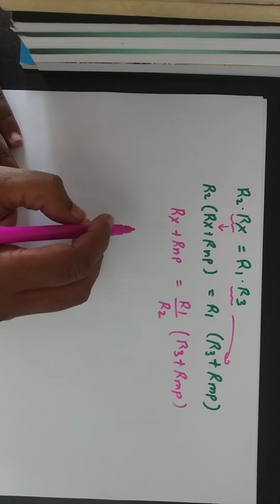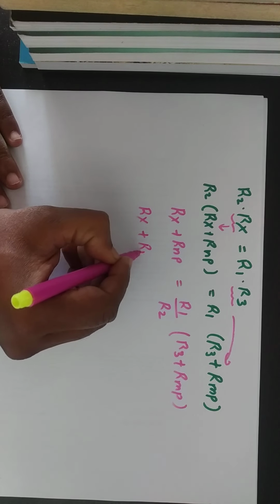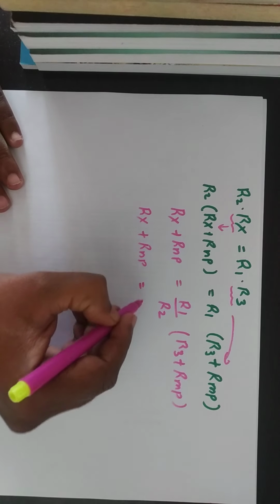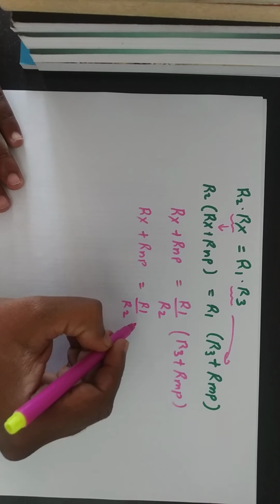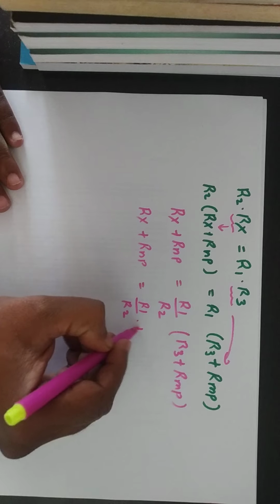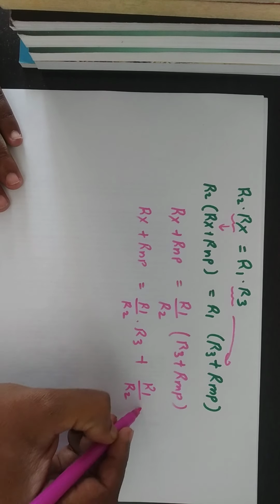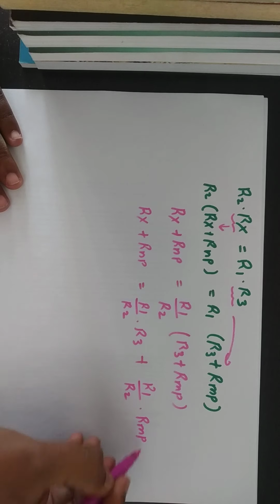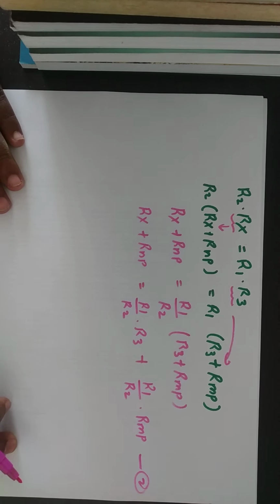Now this equation can be written like this also: Rx plus RNP is equal to R1 divided by R2 into R3 plus R1 divided by R2 into RMP by simple mathematics. This is equation number 2.